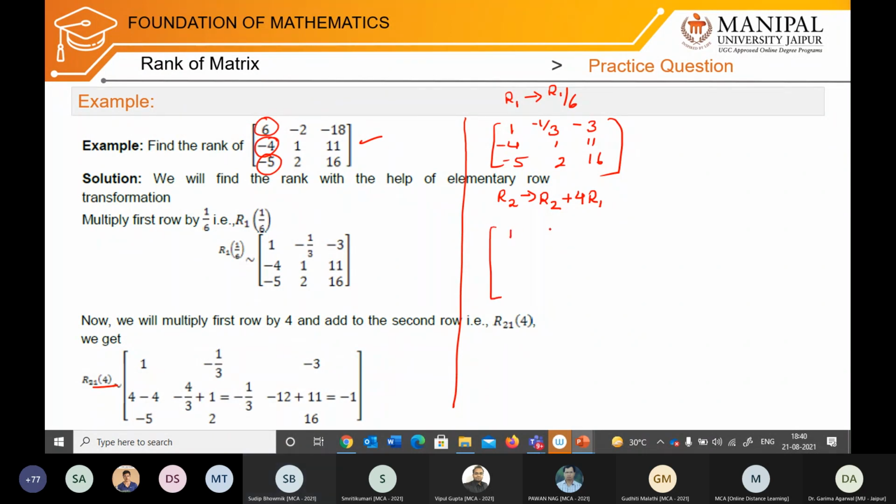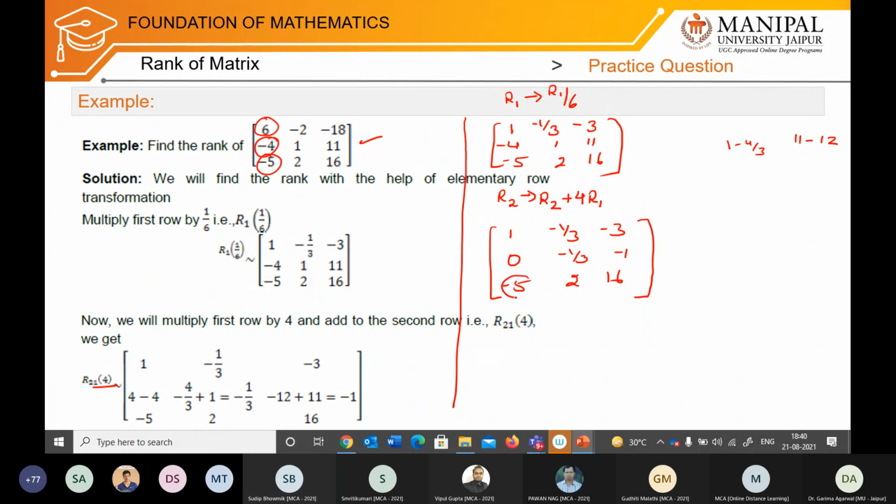So the first row will remain unchanged, the third row will remain unchanged, this element should be 0, then in R2, 1 minus 4 by 3, that is minus 1 by 3, and 11 minus 12, so minus 1.